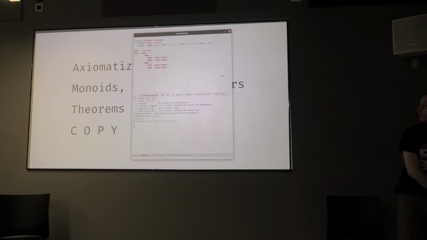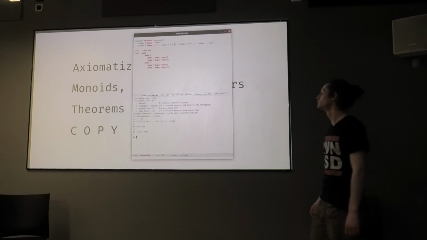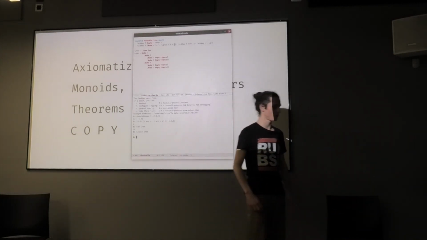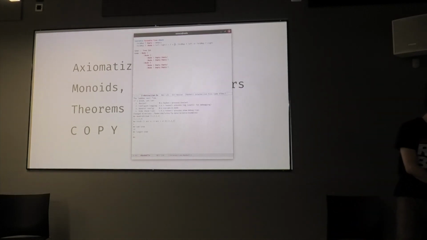And because I've defined this foldable instance, that means that I can do things like take the sum of that tree, or I can do the length of it, and things like that. And there's a whole slew of functions which all they need is for a data structure to be foldable, you get them for free.